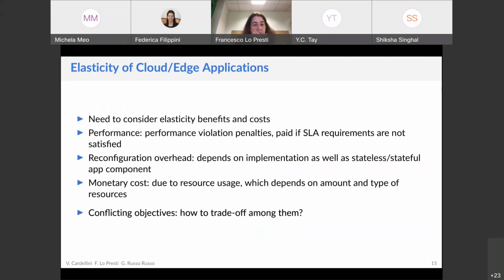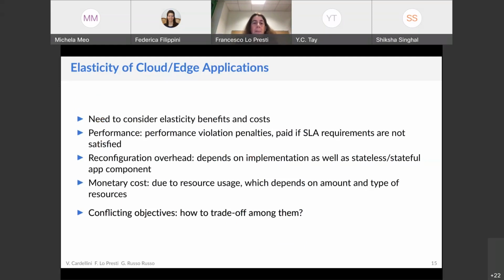So when we consider elasticity, and you will see it when considering the cost modeling with Francesco and Gabriele later, you have to take into account the cost that you can pay because of scaling decisions.